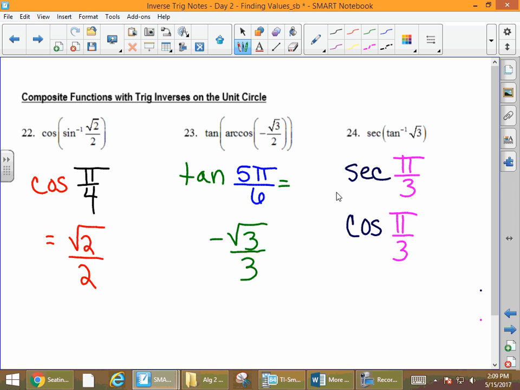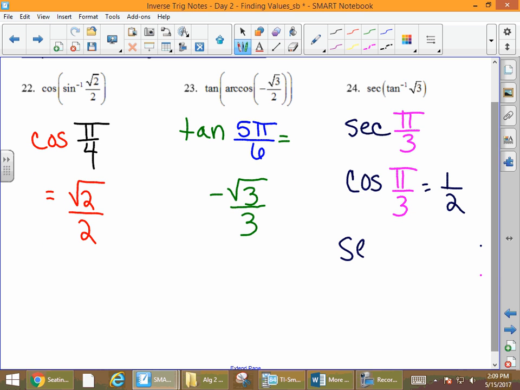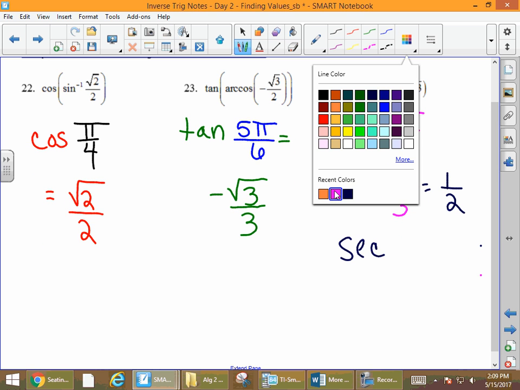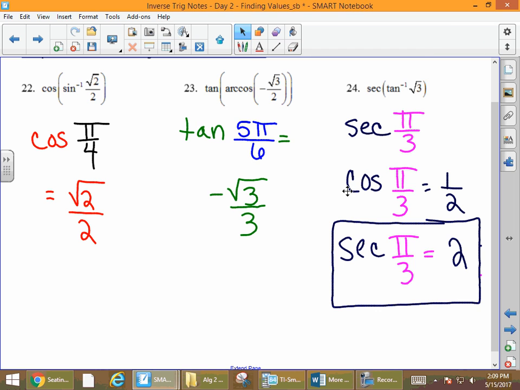So I'm going to write it as cosine of pi over 3 here for a minute. And the question is, well, what's the cosine of pi over 3? It's going to be 1/2. But remember, secant and cosine are reciprocal, so really when we find our answer here, our secant of pi over 3 is going to be the reciprocal of 1/2, which is 2. I'm going to circle that one just so that we know what the answer is.